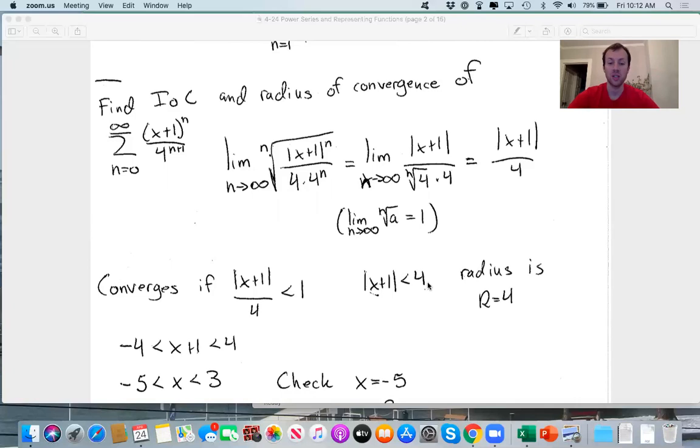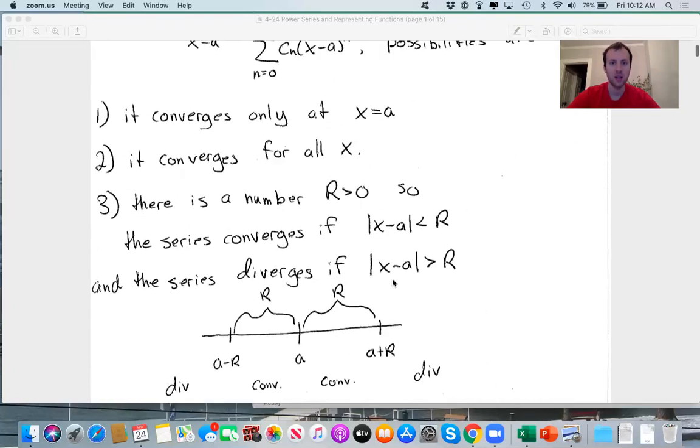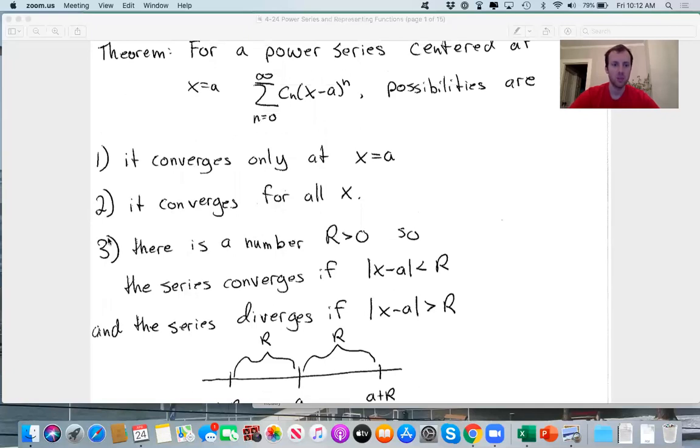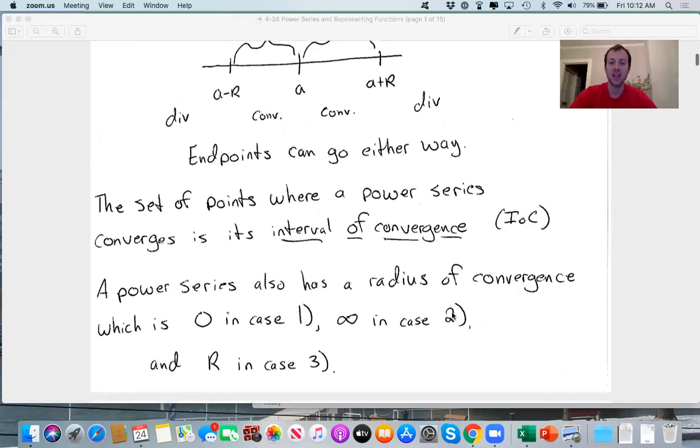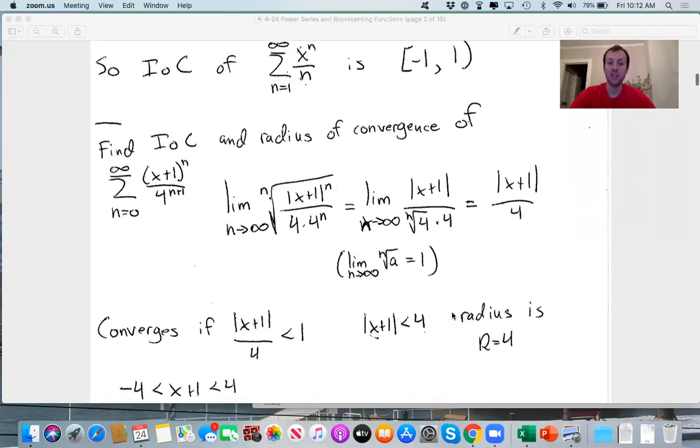So if we go back to this first slide here, part 3 says if there's a number r, you converge if you satisfy this inequality, and diverge if you satisfy the flipped inequality. That's exactly what's happening here.